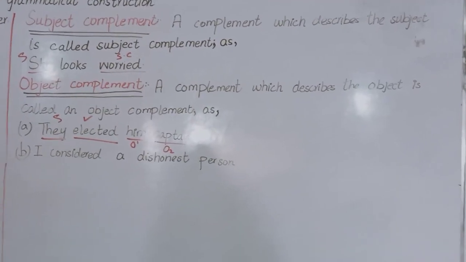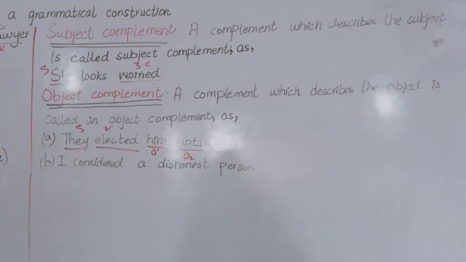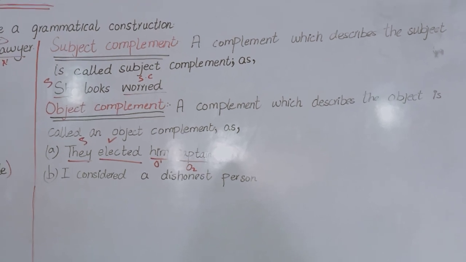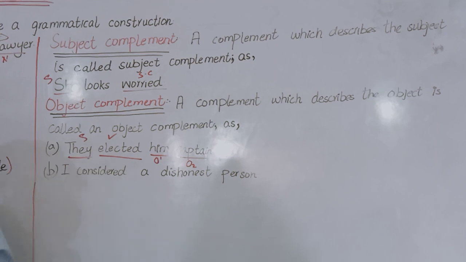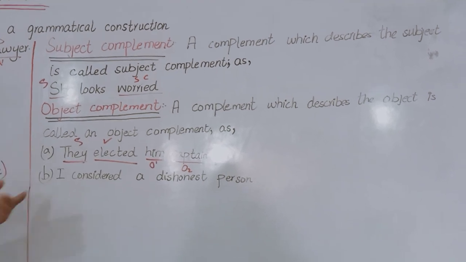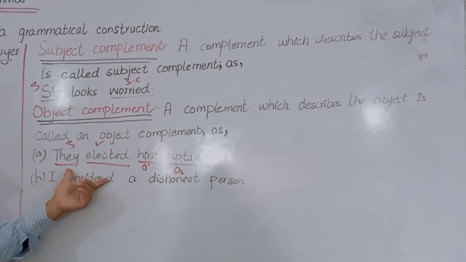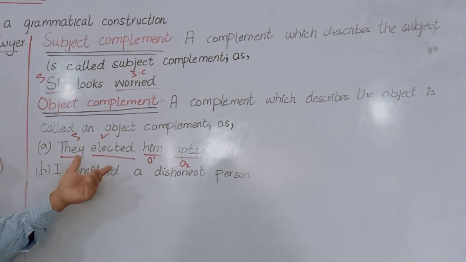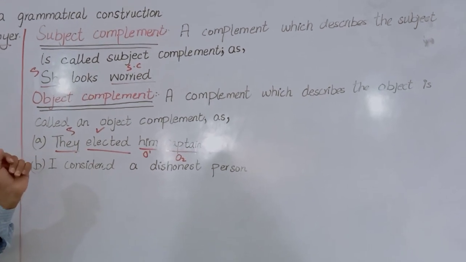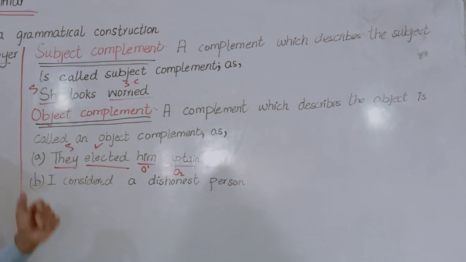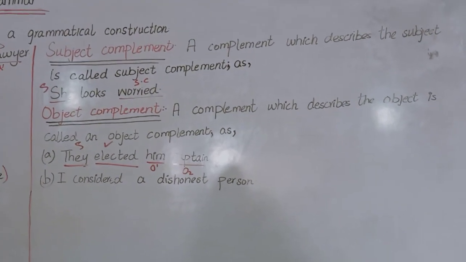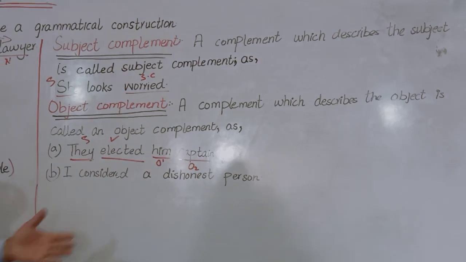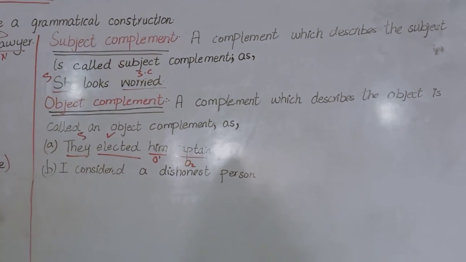There may be two objects, three objects in a sentence. So if I simply say "they elected him," it should be complete, having subject, verb and object, but even then it is not giving a complete sense, because it needs another object to complete it.